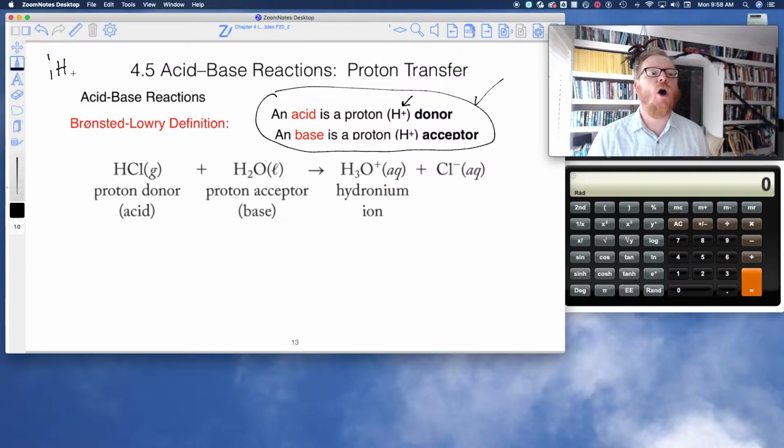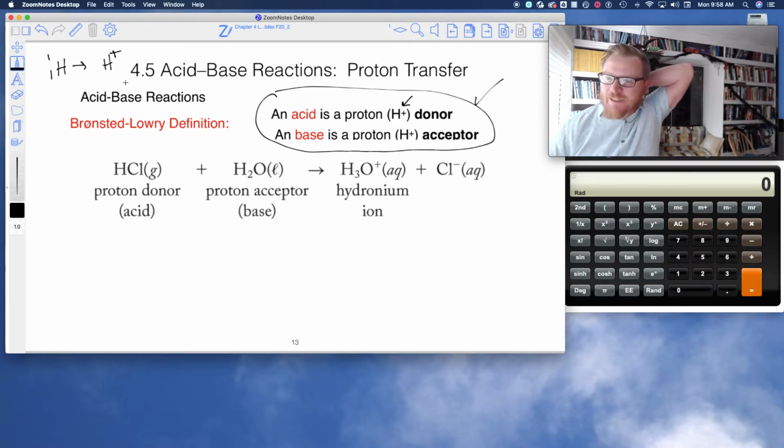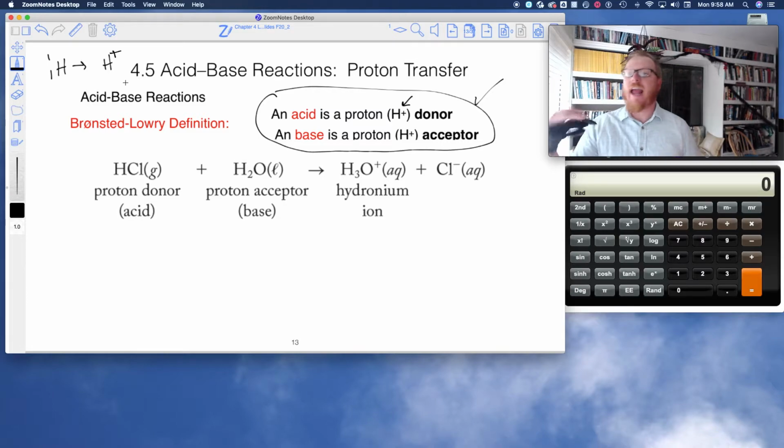So now when you ionize this thing, when you remove an electron from it, literally the only thing you have is a proton, okay? That is acid. Acid is a proton. That's what's doing the corrosive acidic reactions we normally associate with acids, okay?